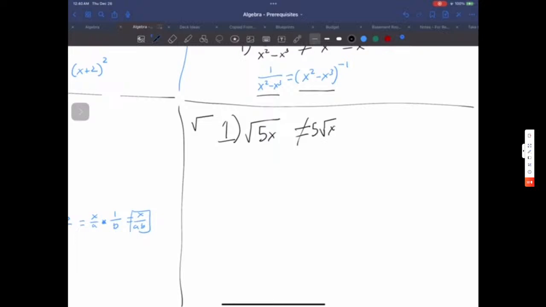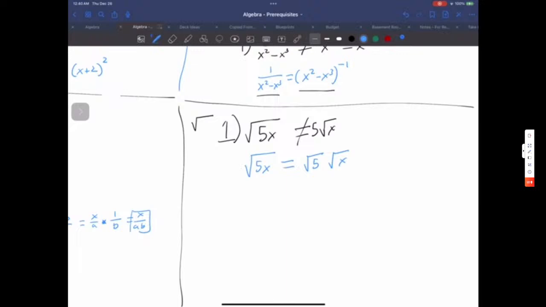Remember, like we did earlier, and that was my mistake, when we pulled the 3 out, or the 9 out, and I took the square root of it, that's what happens here. The 5, when it pops out, now, this is correct, the square root of 5x is equal to the square root of 5 times the square root of x, but it is not equal to 5 times the square root of x.